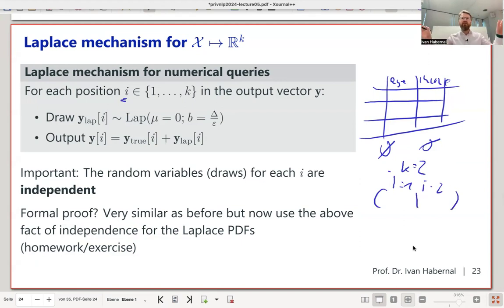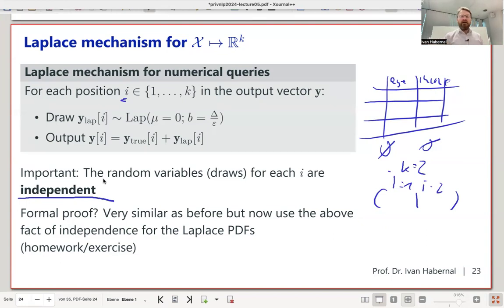Just to clarify what it means, the random variables, or the draws for each of these dimensions, are independent. So you first draw independently for one dimension, and then you draw independently for the other dimension. So they're independent.